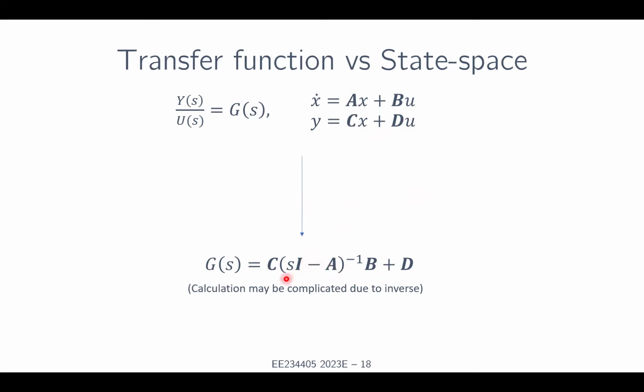S is just the variable s, I is the identity matrix, and (sI minus A) inverse is pre-multiplied by C, and then multiplied by B, and then D is added.